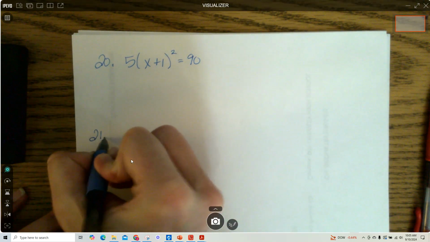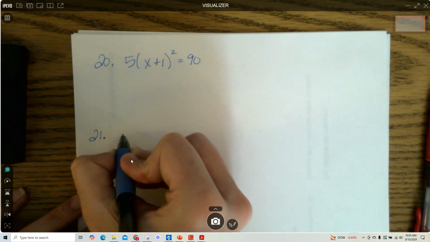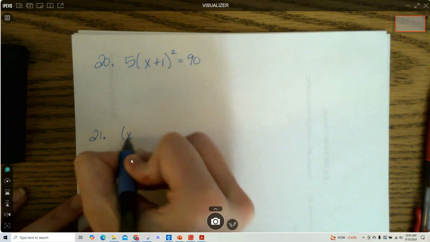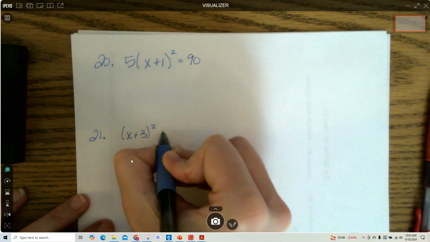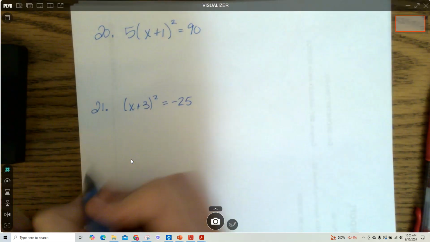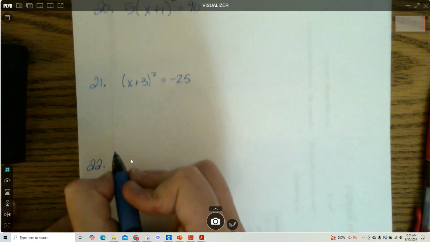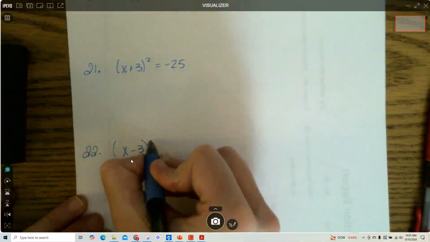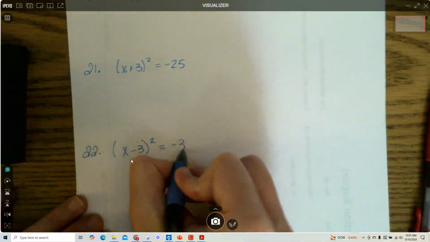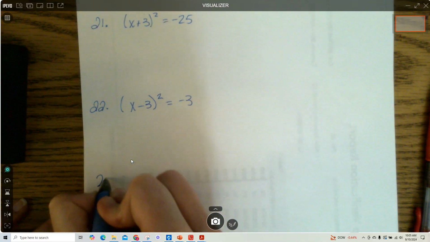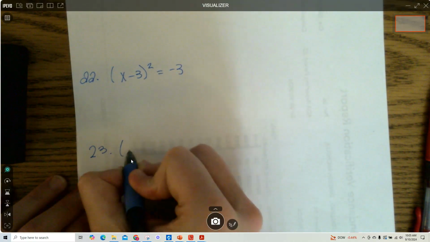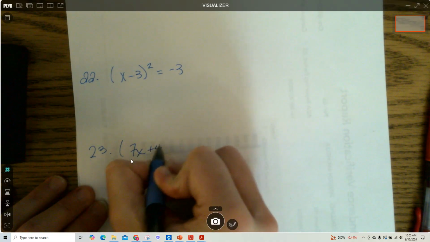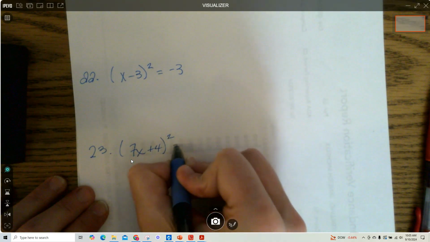Okay, 21. Let's go fast. Open parentheses, x plus 3, close parentheses, squared equals negative 25. Okay. 22. Open parentheses, x minus 3, close parentheses, squared equals negative 3. Okay. 23. Open parentheses, 7x.